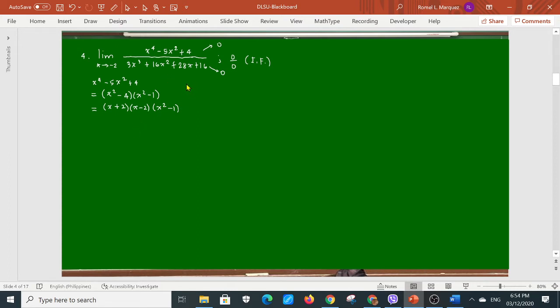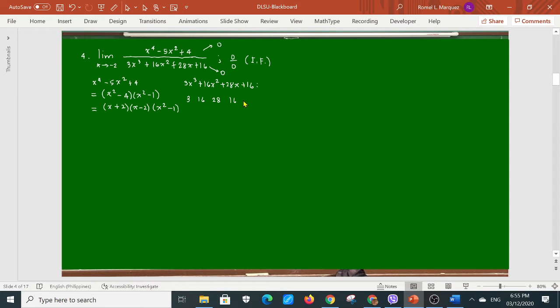What about the denominator? For the denominator, we have 3x cubed plus 16x squared plus 28x plus 16. So let's list down the coefficients. 3, 16, 28, 16.